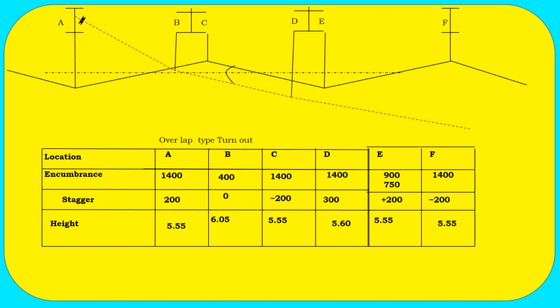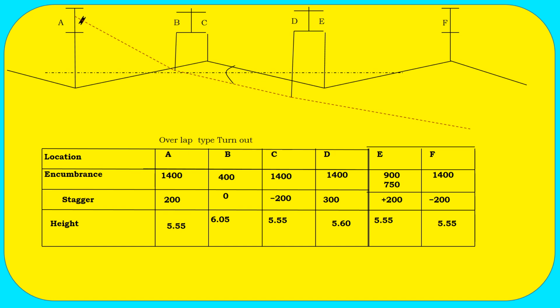It is 6.05, meaning 50 centimeter above the mainline OHE. Sorry, how much has it raised? The contact wire is raised 500, and catenary to contact wire is 400 millimeter, and from catenary to mainline catenary is 500. So this is 500 plus 400 plus 500. It is 1400.